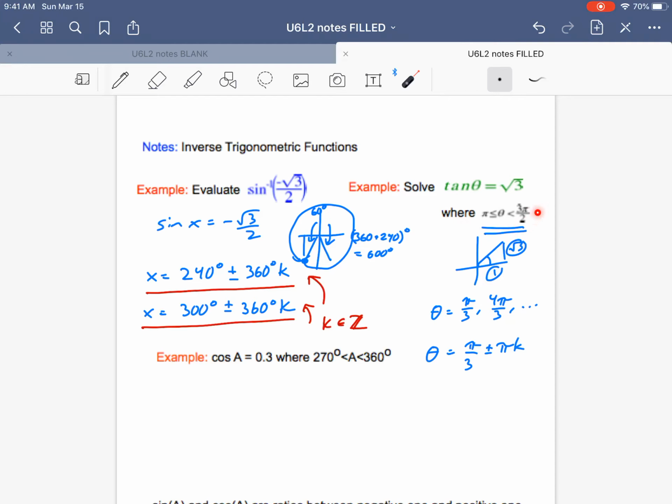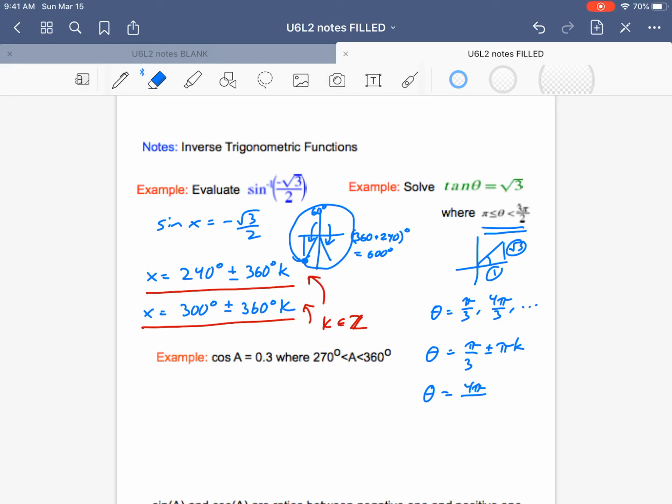We want the angles between pi and 3 pi over 2, so that means, this is the border between quadrants 2 and 3. This is the border between quadrants 3 and 4, so we only want an angle in quadrant 3. So in this case, theta is going to equal 4 pi over 3.